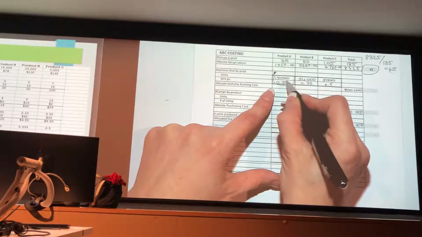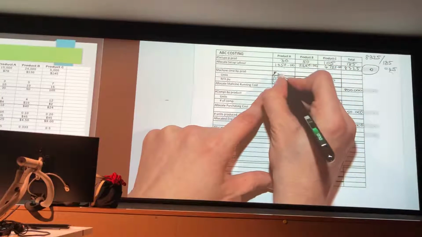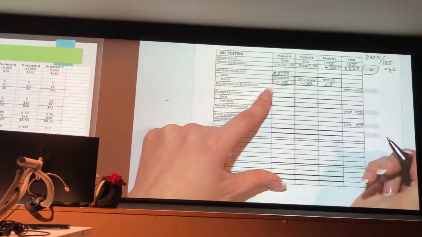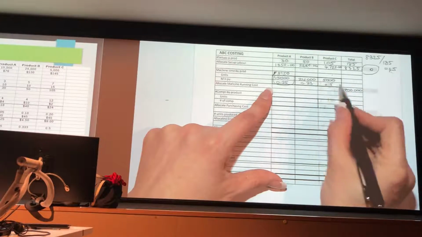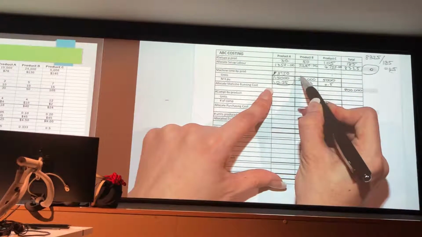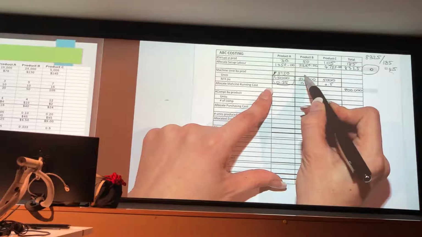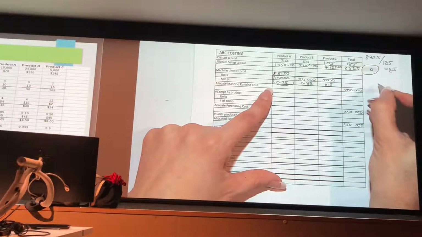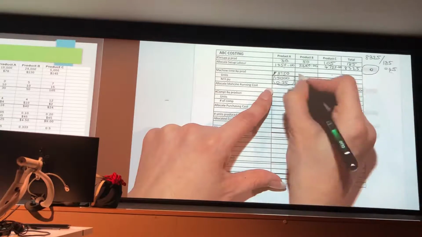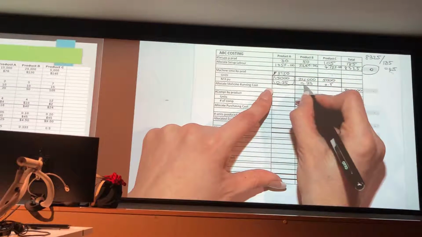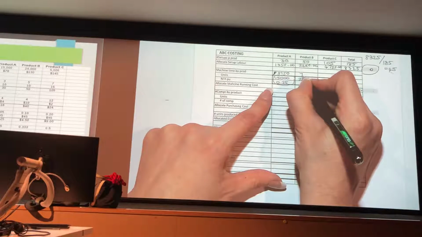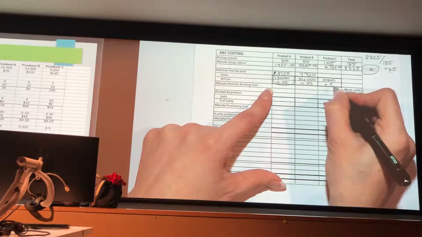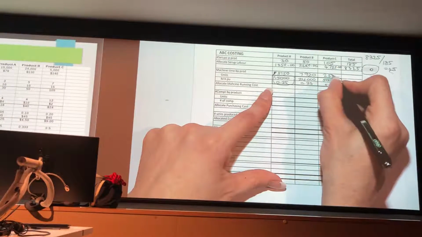So 15,000 times 0.25 gives us 3750. Just do the other two. So 24,000 times 0.33 gives us 7920. 5,000 times 0.5 is 2,500.